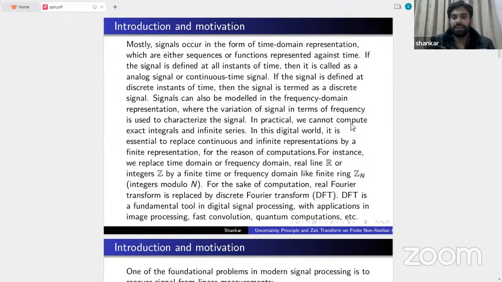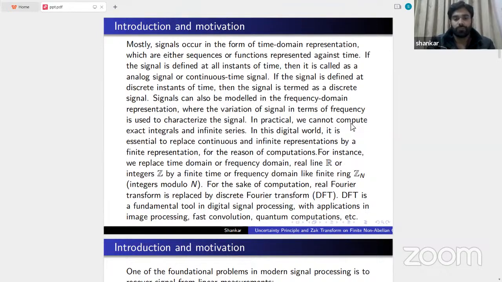In practice, we cannot compute exact integrals and infinite series. So in this digital world, it is essential to replace continuous and infinite representation by a finite representation for the reason of computation. For instance, we replace the time domain or frequency domain, like the real line R or the integers, by a finite time or frequency domain like the finite ring Zn, integers modulo n.